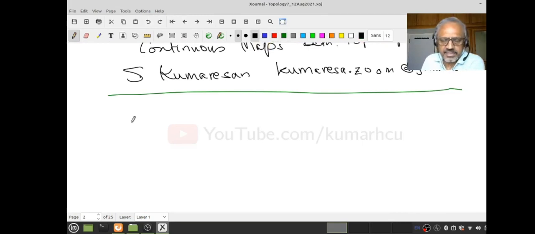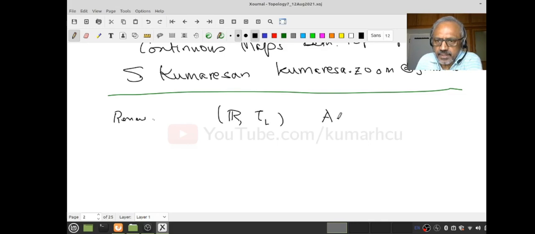Let us recall, yesterday we found something very interesting. Do you remember that? This is a review of yesterday's material. On R with the lower limit topology, I looked at the set A, which is the interval closed at 0 and open at 1, or more generally of this kind.